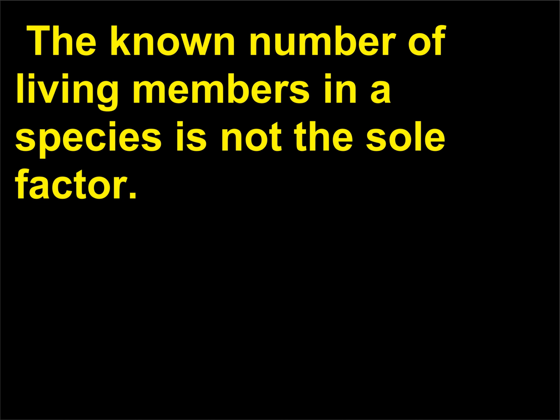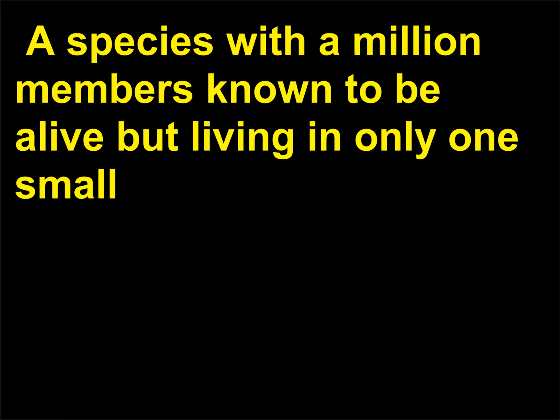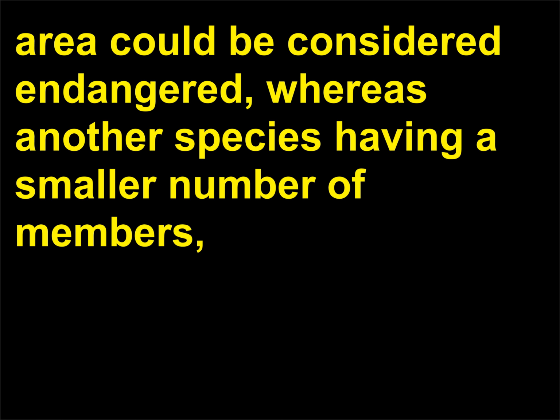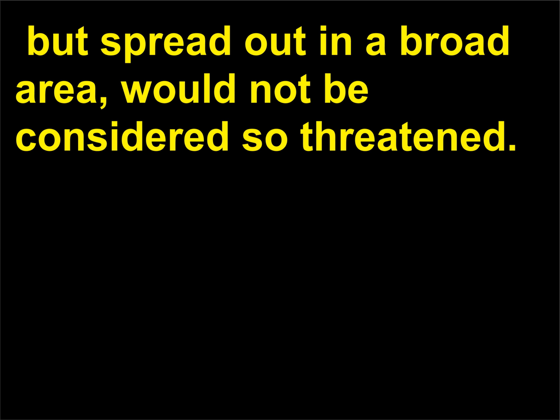The known number of living members in a species is not the sole factor. A species with 1 million members known to be alive but living in only one small area could be considered endangered, whereas another species having a smaller number of members, but spread out in a broad area, would not be considered so threatened.